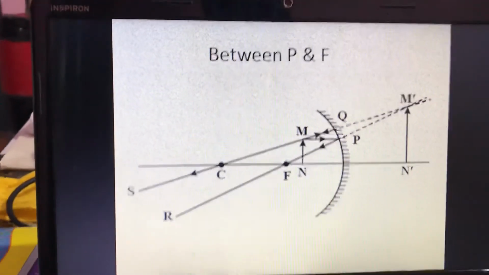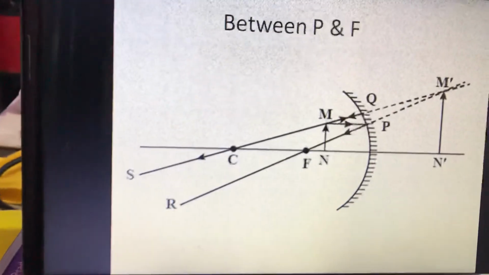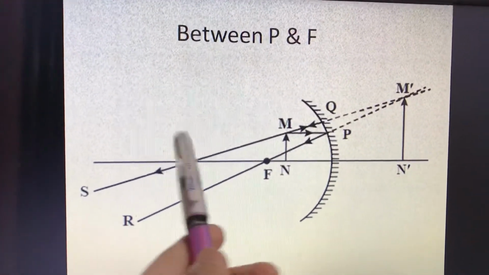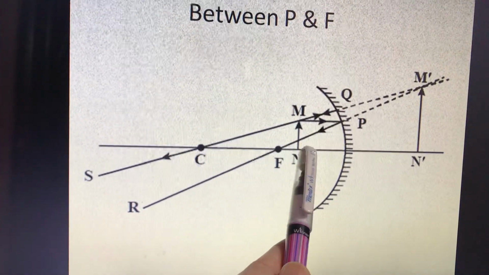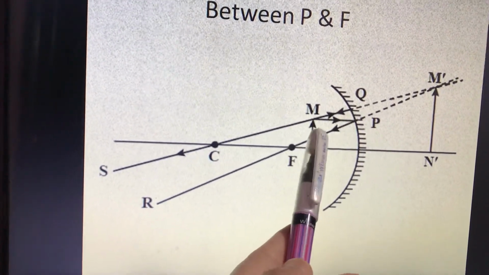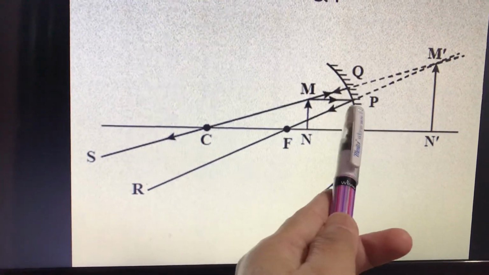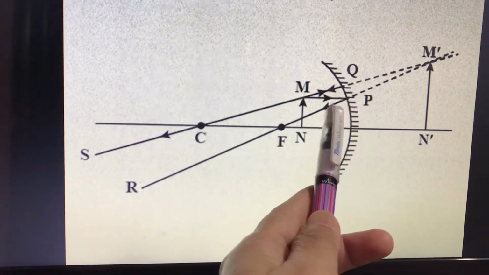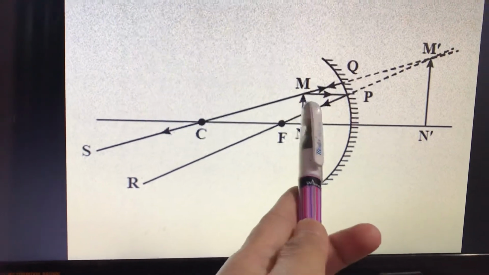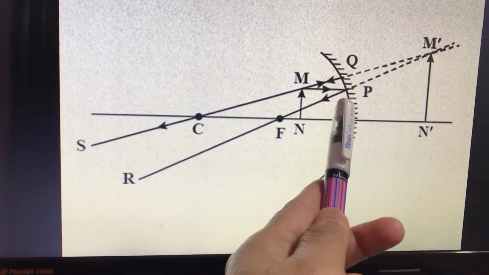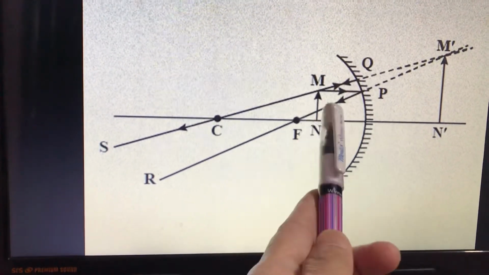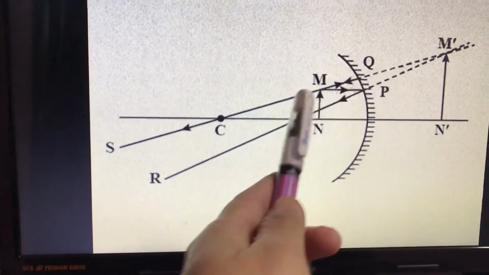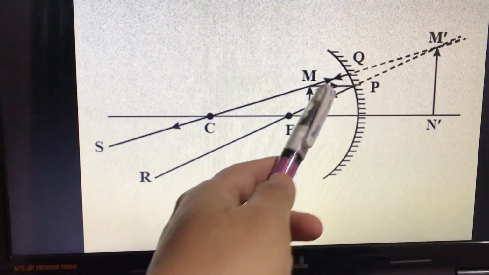Now if the object is placed between P and F, which means closer to the mirror, here you can see one ray parallel to the principal axis passing through the focus, and another ray which is passing through C. After reflection it will go in the opposite direction through the same path.